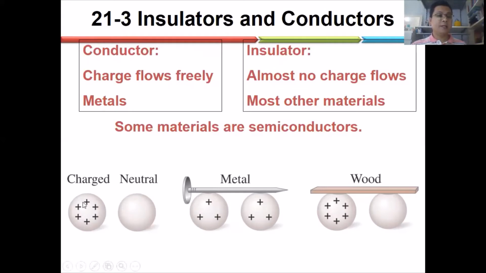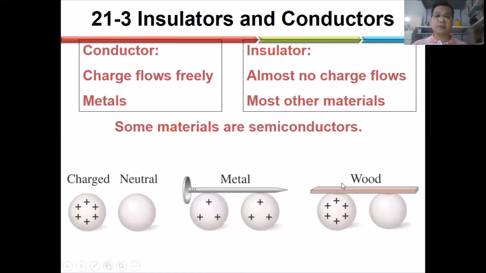If we give electrons to an object and this object can transport the electrical charge, this material is a conductor. But if we cannot transport the electrical charge to the other object, we conclude this material is an insulator.